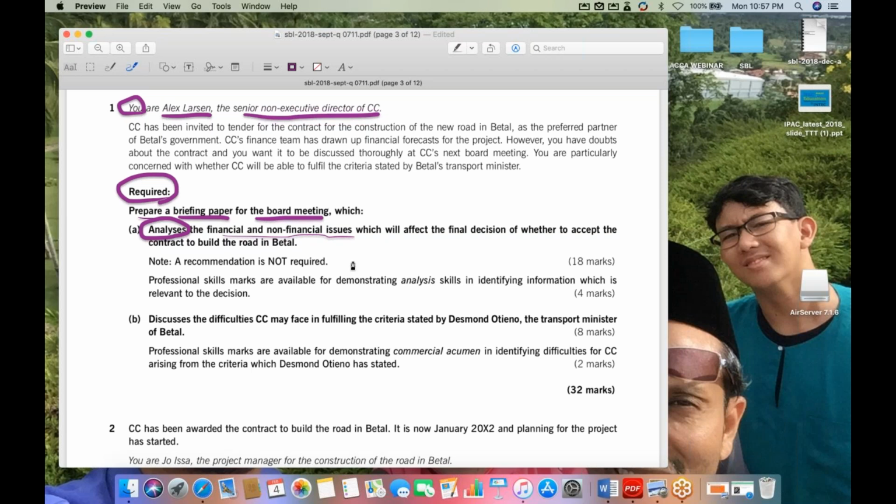The financial and non-financial issues that will affect the final decision of whether to accept the contract to build the road in Beetle. You're not supposed to be recommending. All right, remember it is 18 marks.